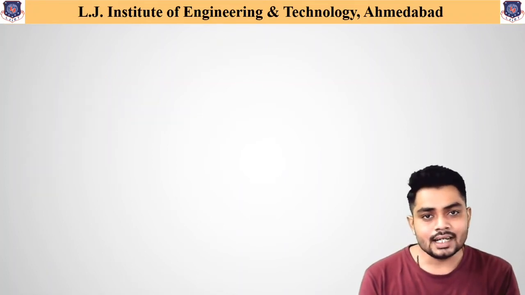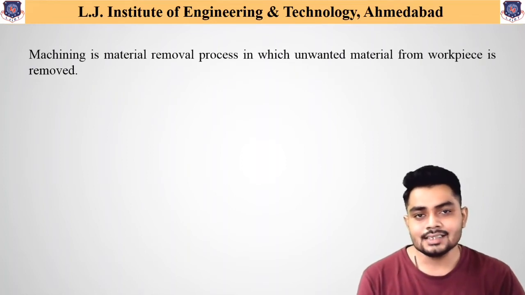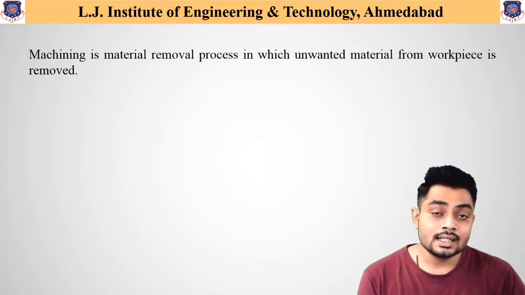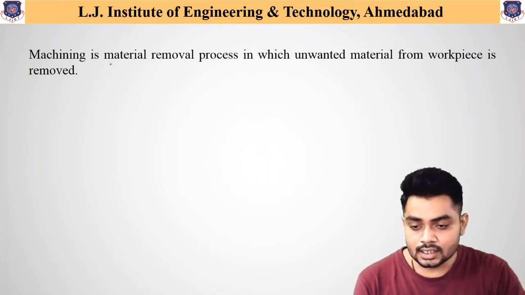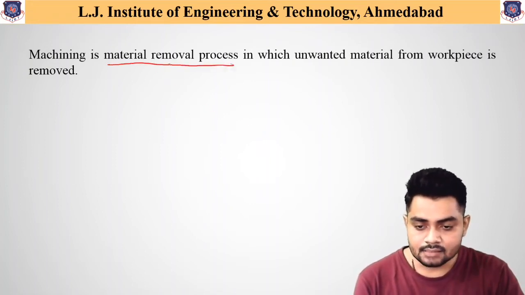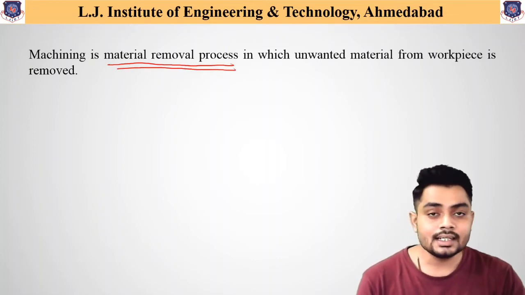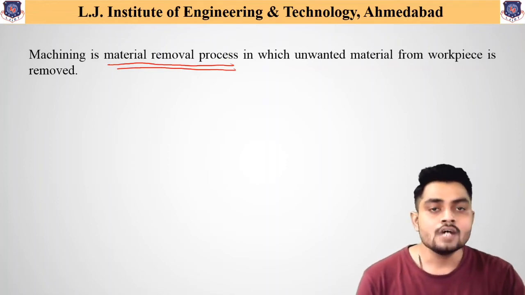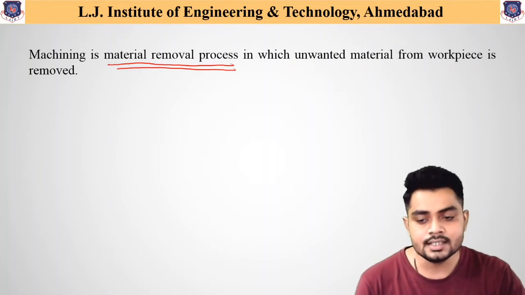To understand the machining, let us have a look at the simple definition shown over here. Machining is nothing but the material removal process, which is the removal of unwanted material from the workpiece to obtain the final product by using these machine tools.